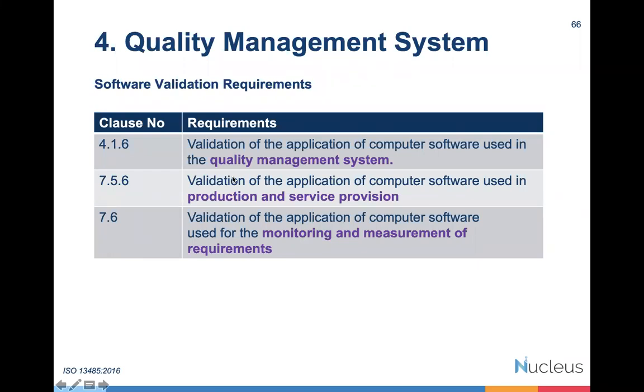Then, are you using any software for your testing, calibration, verification purpose? Again, that needs to be validated. So the standard mandates that we need to validate all these computer applications or software based on the risk. How much risk can this software pose to my medical device? That's the whole concept of this particular clause.